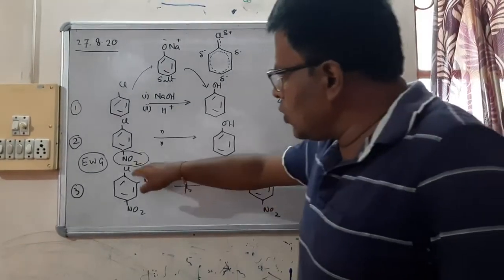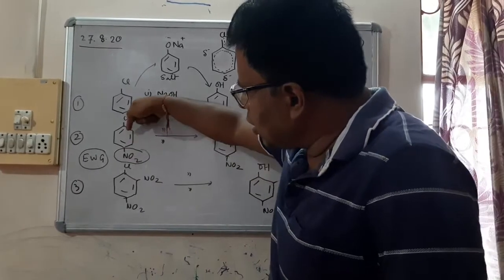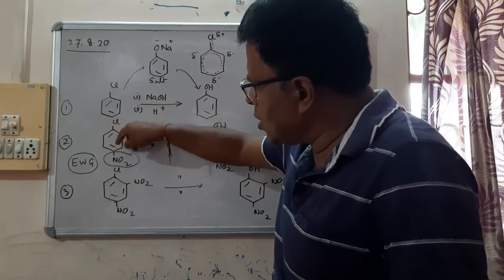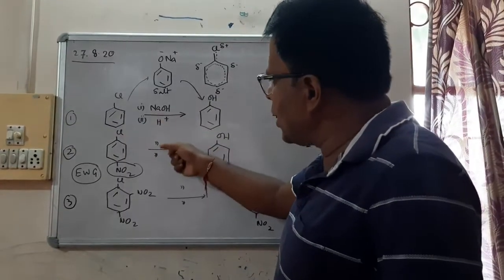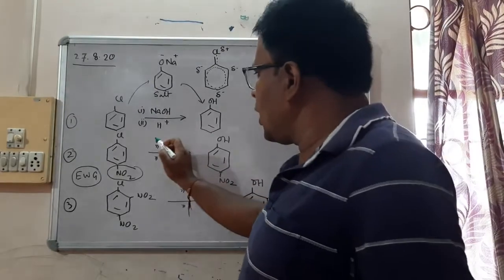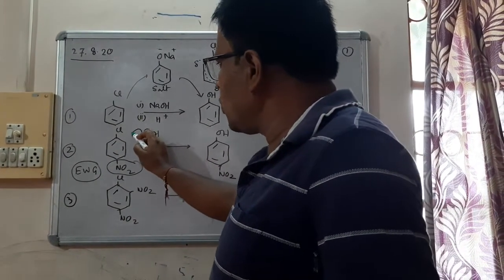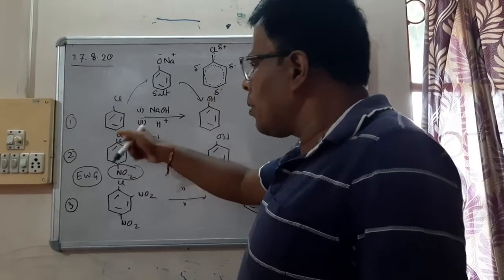So when NO2 is there at the para position, then the electron density of the benzene ring decreases, and as a result the nucleophile will be able to attack at this place better compared to this one.